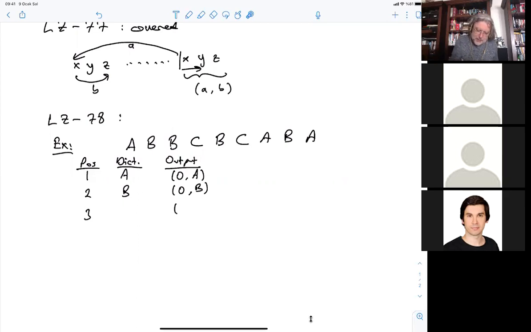Instead, I will write something like this. Go to the second position of the dictionary, copy it, and then the new symbol that we have, which in a combined form doesn't exist in the dictionary, is because of the C. So I transmit 2 and C.